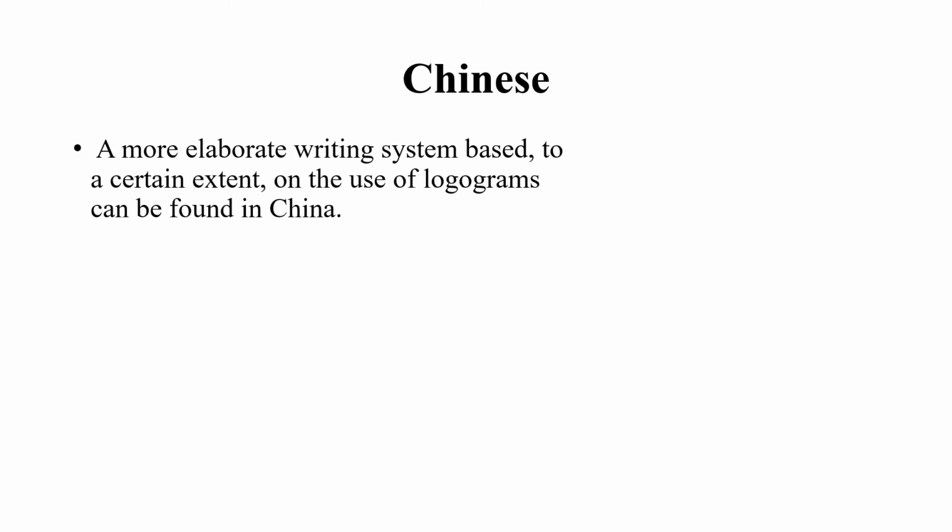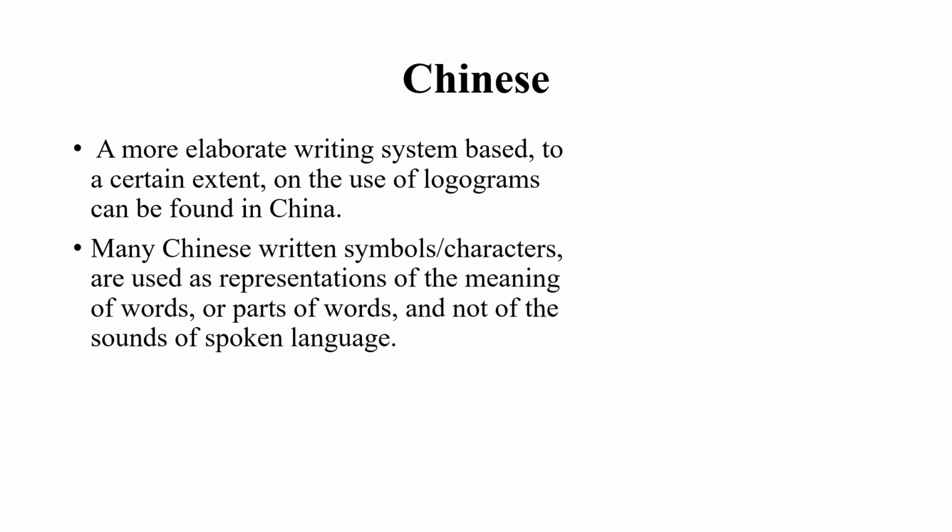A more elaborate writing system that is based to a certain extent on the use of logograms can be found in China. Many Chinese written symbols or characters are used as representations of the meaning of words or parts of words and not of the sounds of spoken language.